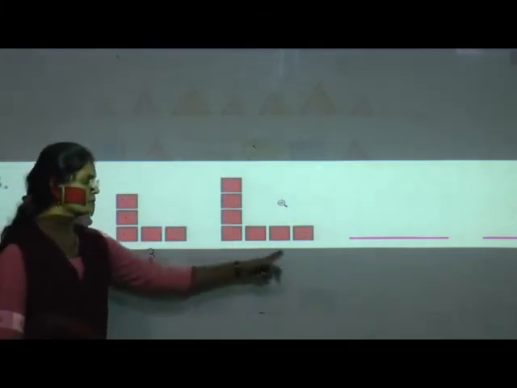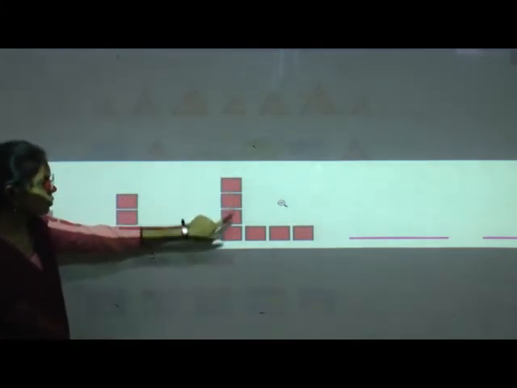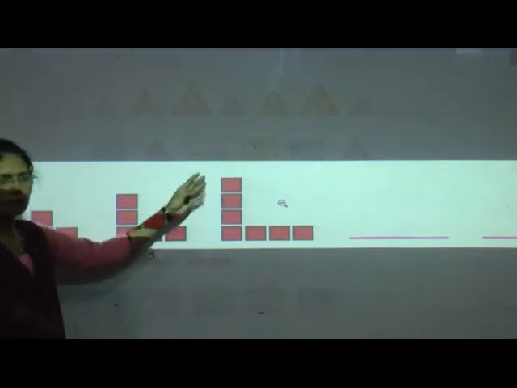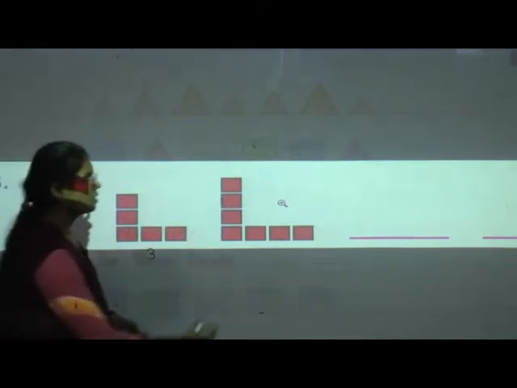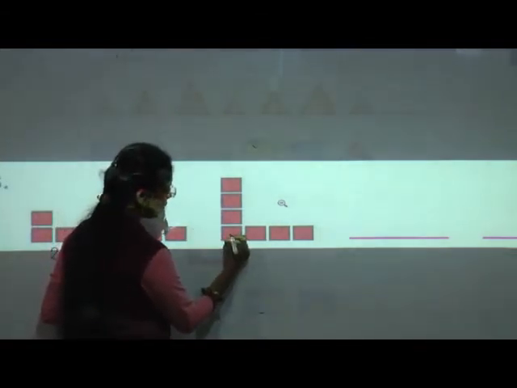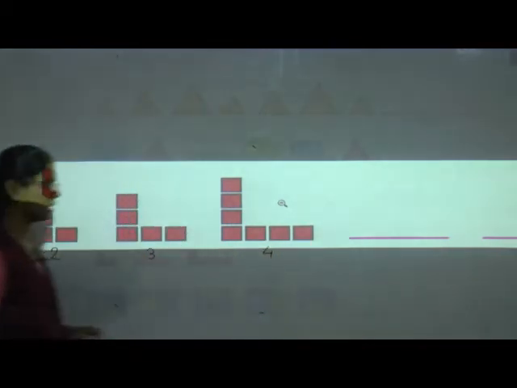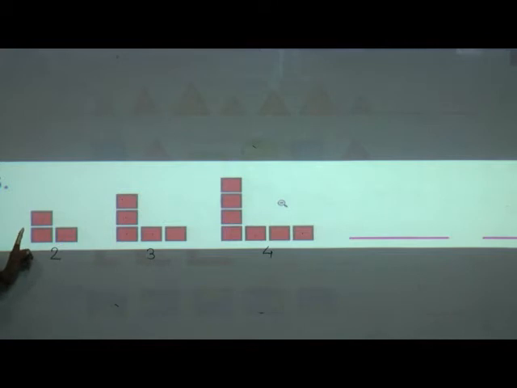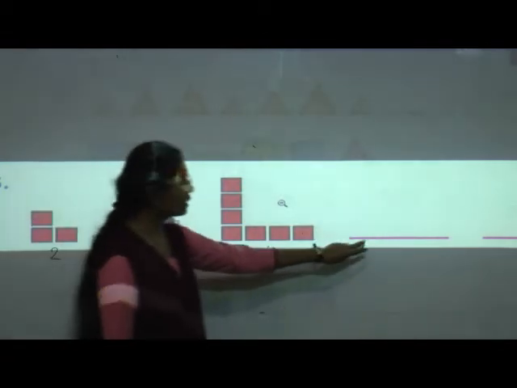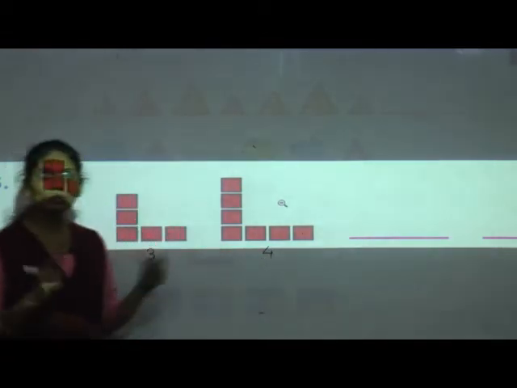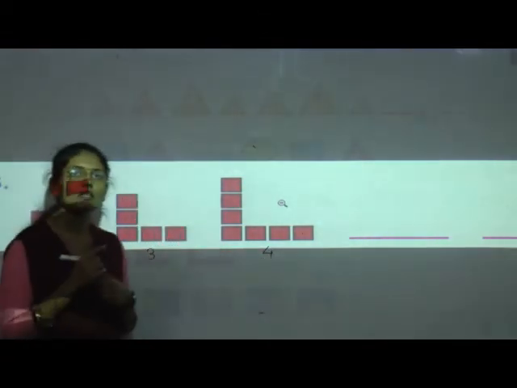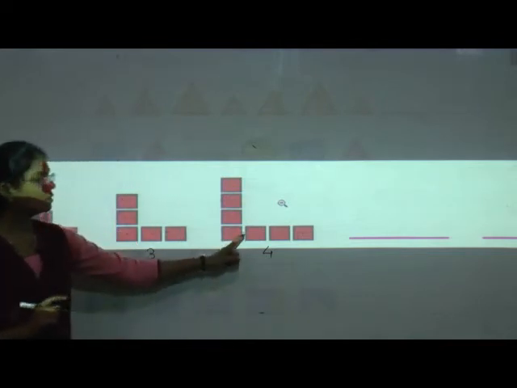Now see this, 1, 2, 3, 4. Vertically 4 squares are there. And now count horizontally 1, 2, 3, 4. Horizontally 4 squares are there. See, you should not change the color. Why? Because everywhere red color is there. So you have to give the red color only. But the only thing is you have to increase the number of squares.